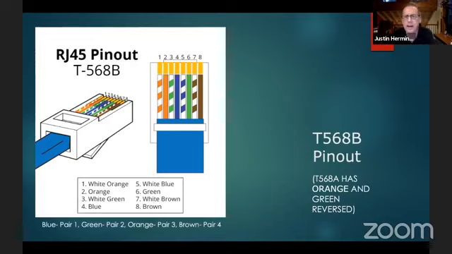Another interesting thing about it is if you're using 100 meg internet instead of 1 gig, 100 meg only uses 2 of your pairs as opposed to gig, which uses all 4. And 100 actually uses pair 2 and pair 3 only, and pair 1 and 4 are unused. You can actually use that as a cheat on a show.